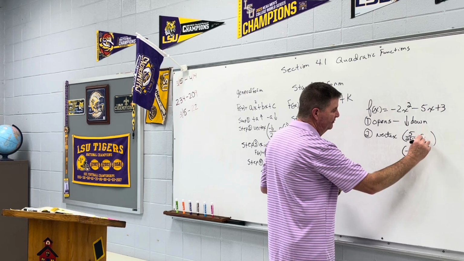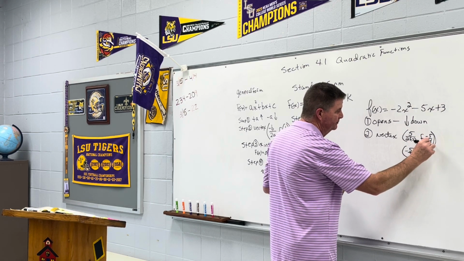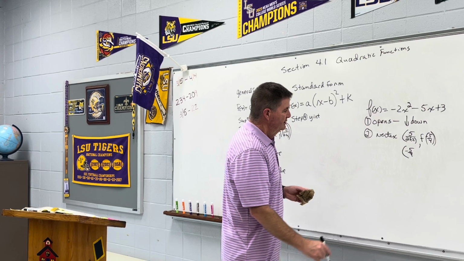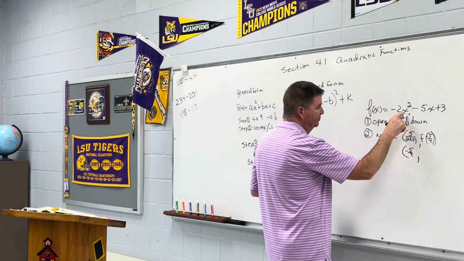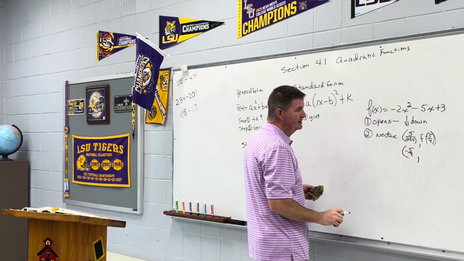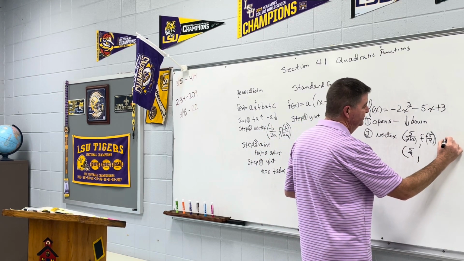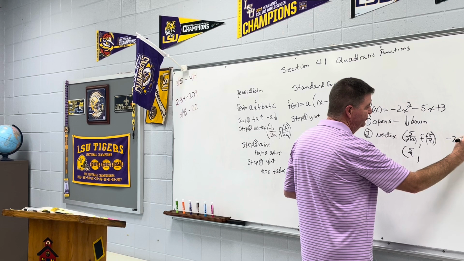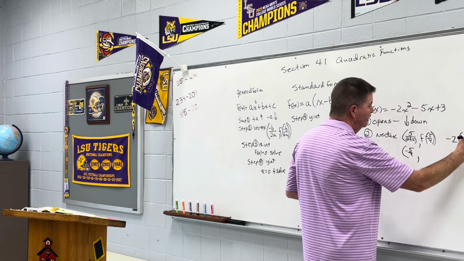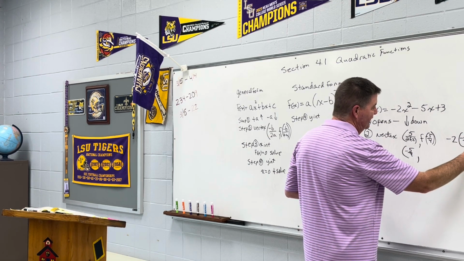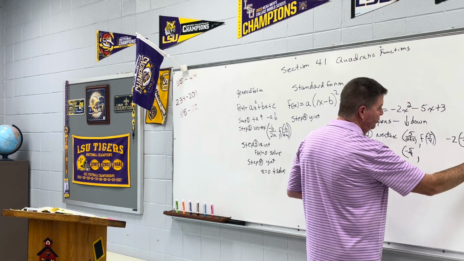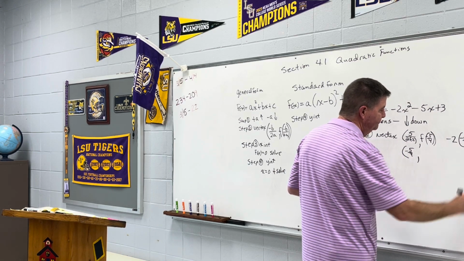And we're going to find f of negative 5/4. So what I'm going to do is plug in negative 5/4 for x's on both. So we have negative 2 times negative 5/4 squared minus 5 times negative 5/4 plus 3.